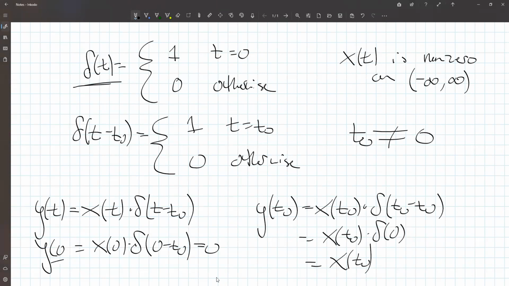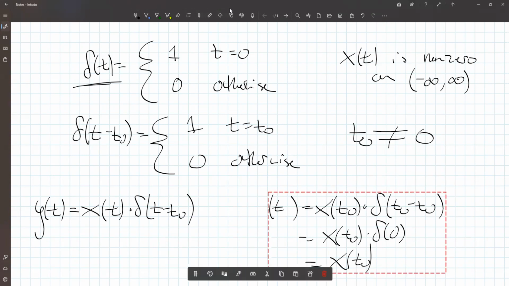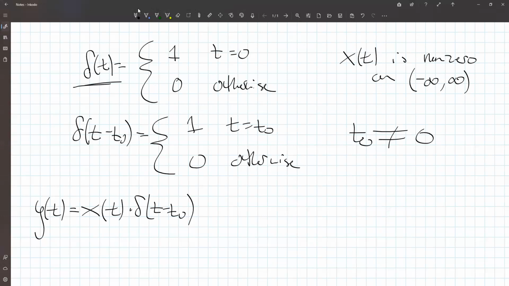Let me write it out discretely. Let's do it in a different color, because this is a fundamentally important one. X of t times delta of t is equal to x sub 0 times delta of t, which you could just write like this.